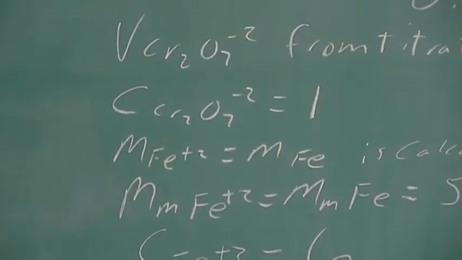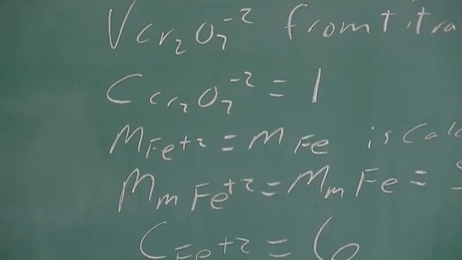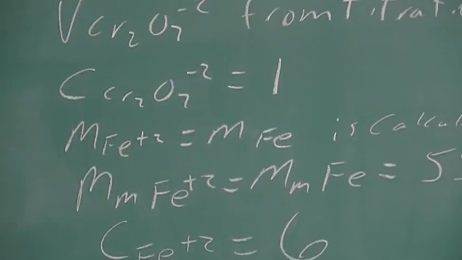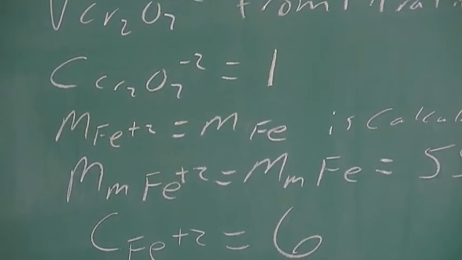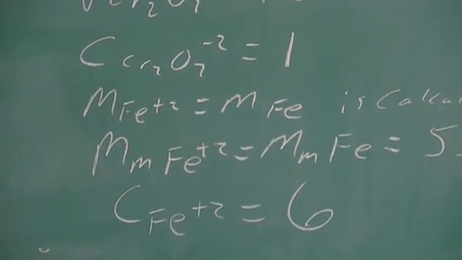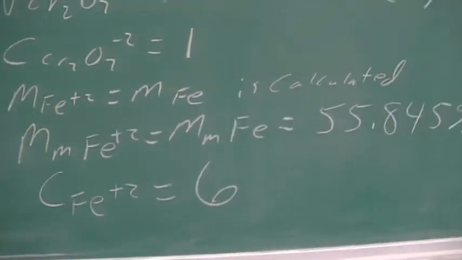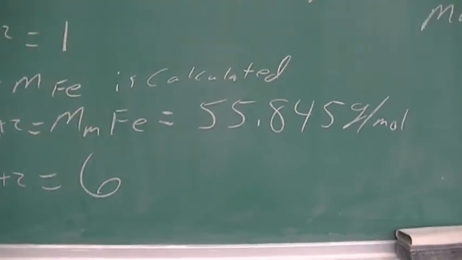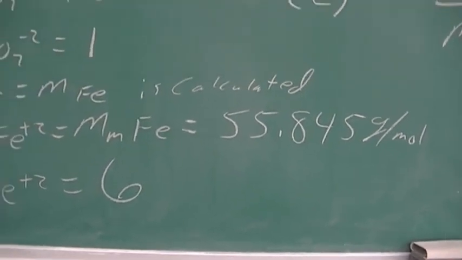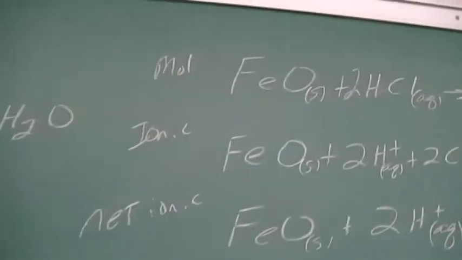The mass of the iron plus 2, which is also equal to the mass of your iron, is what we're calculating in our titration equation. And your molar mass of iron plus 2 is the molar mass of iron on the periodic table, 55.854 grams per mole.